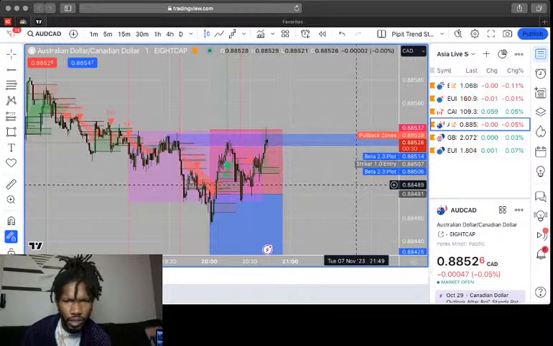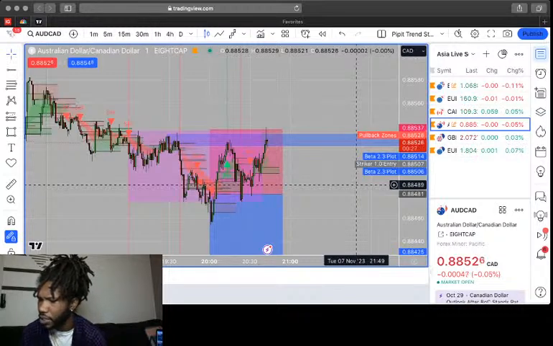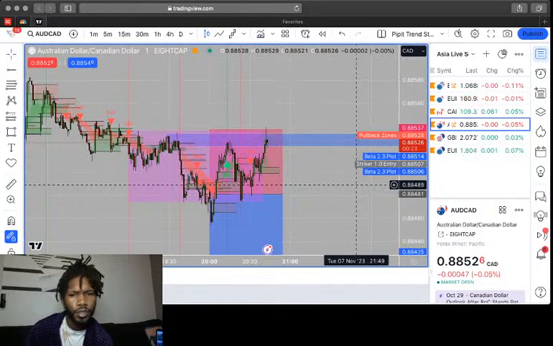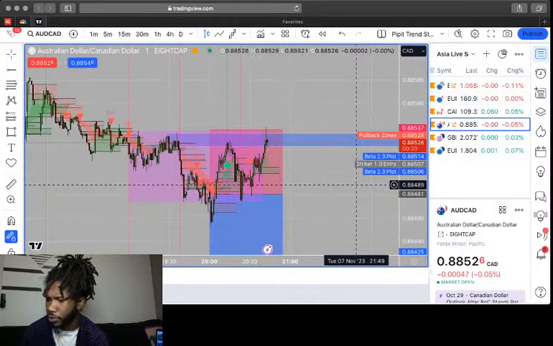So yeah, the spread must have been. Yeah, the spread is kind of husky right now. It's a little over a pip.